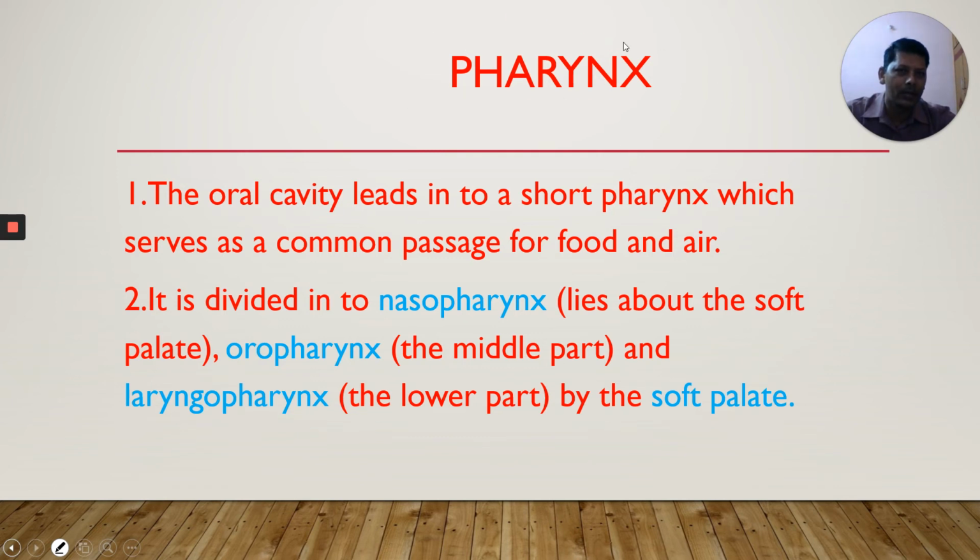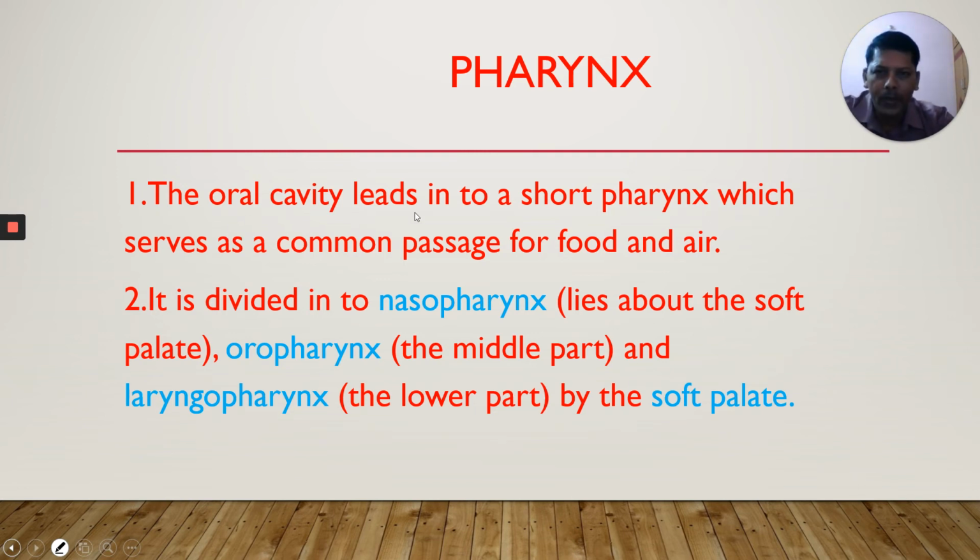He studies pharynx, pharyngology. Otorhinopharyngologist is the full form of ENT doctor: E, ear, N, nose, and T, throat. Throat means pharynx. Pharynx is commonly called throat. That doctor studies otology, rhinology, and also pharyngology, the study of pharynx.